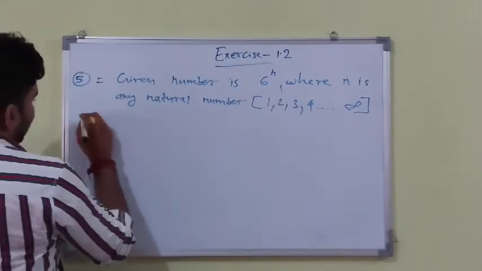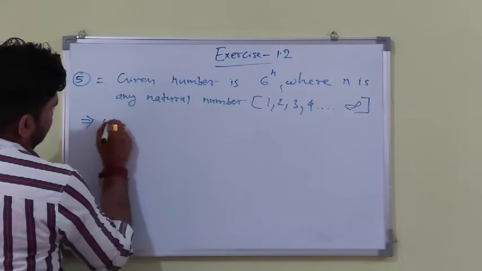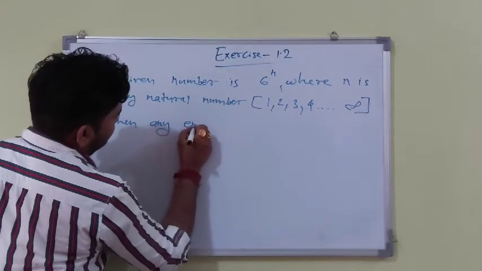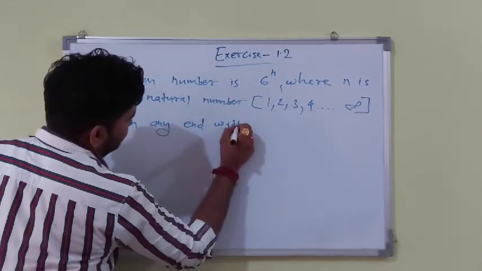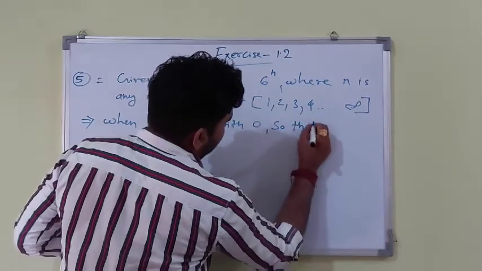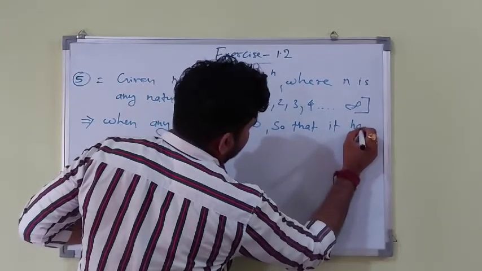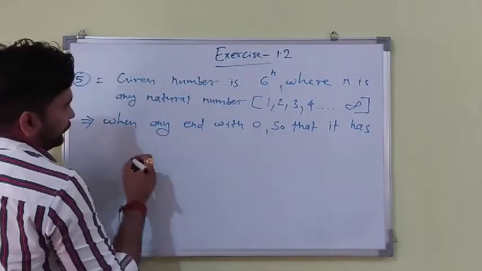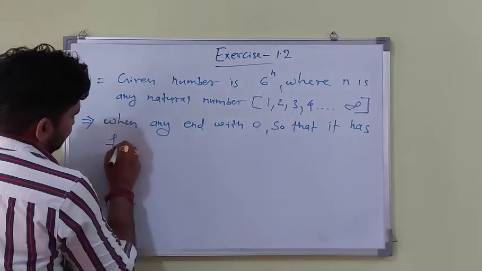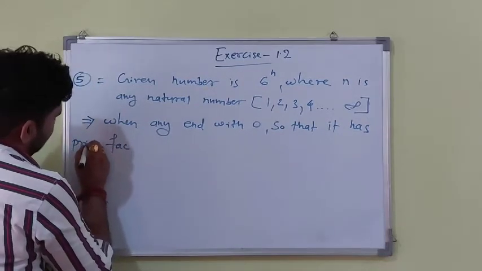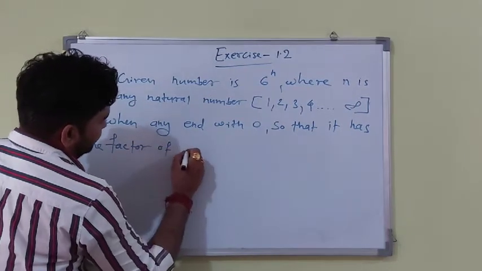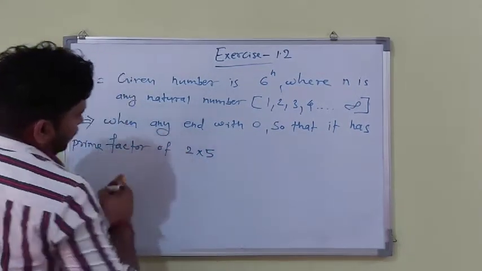Okay, so when any number ends with 0, it has prime factors 2 cross 5.